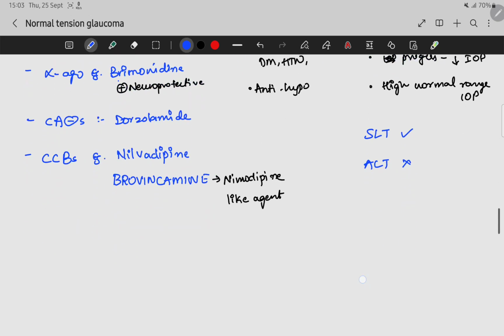Now coming to the studies, we have the collaborative normal tension glaucoma study.